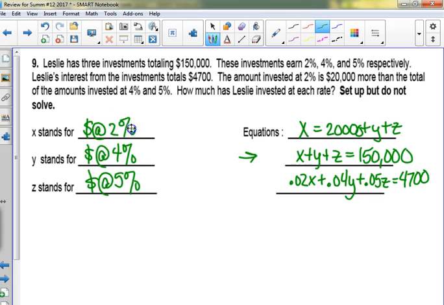That's what we wrote over here. So X equals 20,000 more than the total invested at these, not the interest, but the total invested. If you're solving, which you don't have to do on the quiz, it says right here, set up but do not solve, you'd have to rearrange the matrix a little bit, rearrange the equation.